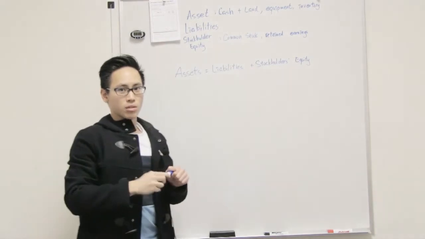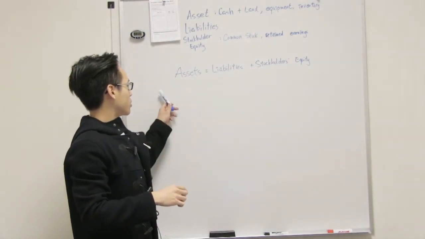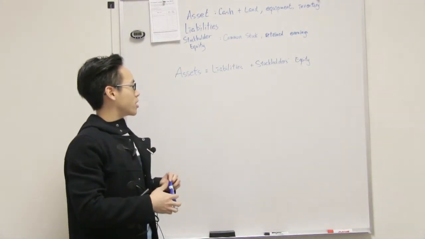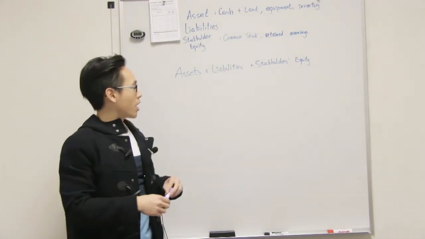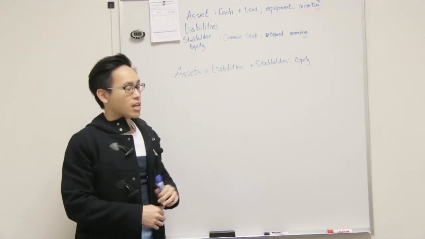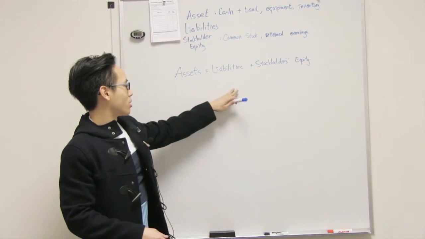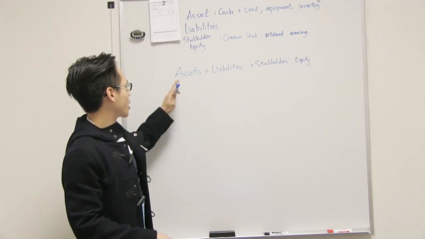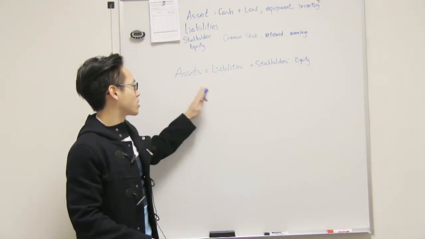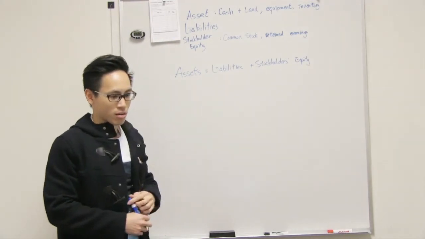This equation is the most basic accounting equation, and we're going to use it all the time in the general recording ledger. The two sides have to always be equal. If you move something on one side, you have to move something on the other side at the same time to make it balance. So this equation has to always balance. This is the accounting equation that we need to know about.